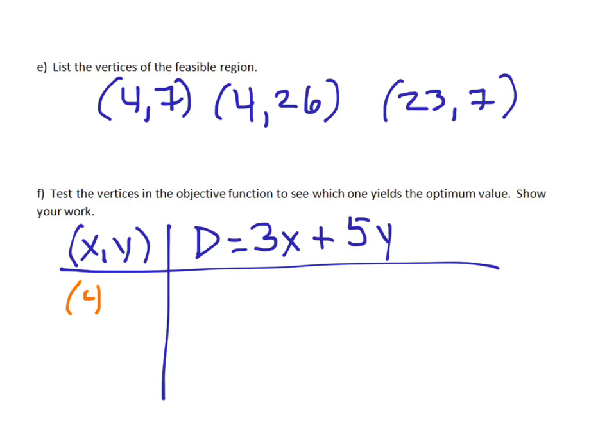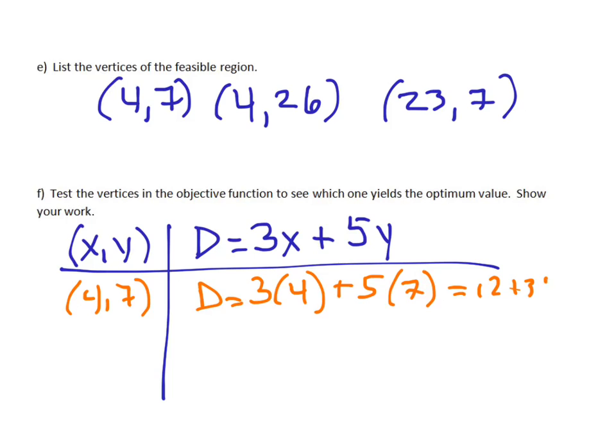So 4, 7 gives me donations of 12 plus 35, or 47.